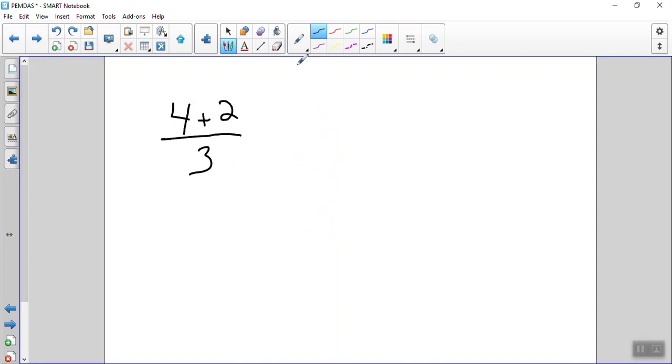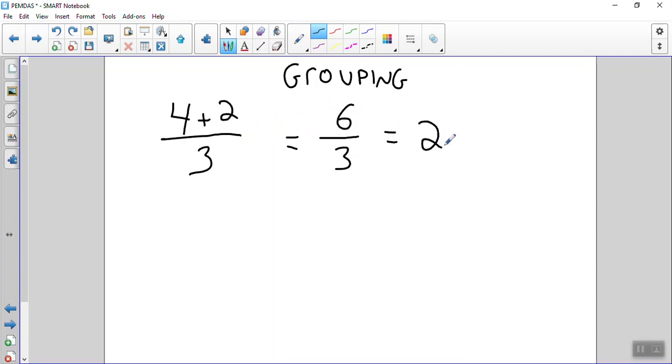Another way that this is also part of the grouping is the top part of a fraction bar and the bottom part are each their own group. So in order to solve this one, you would have to do the 4 plus 2 first. That would be 6. And now do 6 divided by 3, which is 2. This would work both ways if there was a group on the top and a group on the bottom.